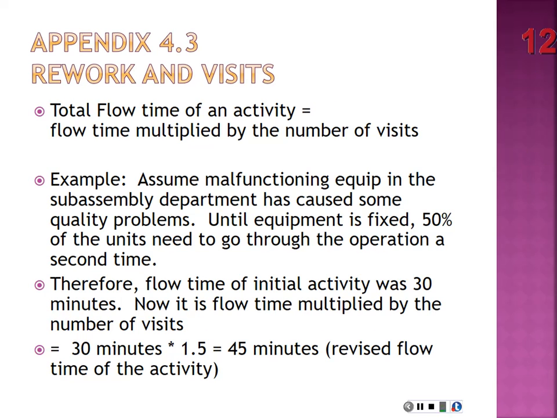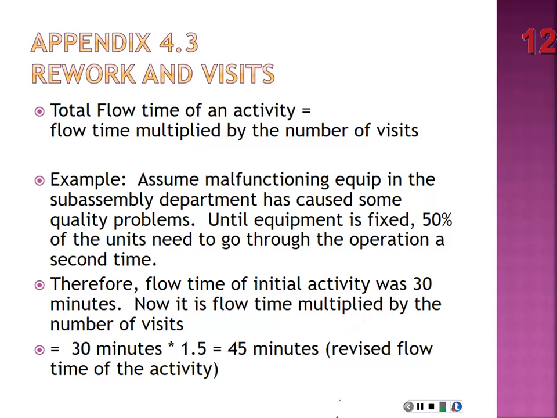That being said, the total flow time of an activity then has to be revised based on whether or not you've got rework or visits. As an example, assume that malfunctioning equipment in the subassembly department has caused some quality problems. Until the equipment is fixed, 50% of the units need to go through the operation a second time. The flow time of the initial activity was 30 minutes.